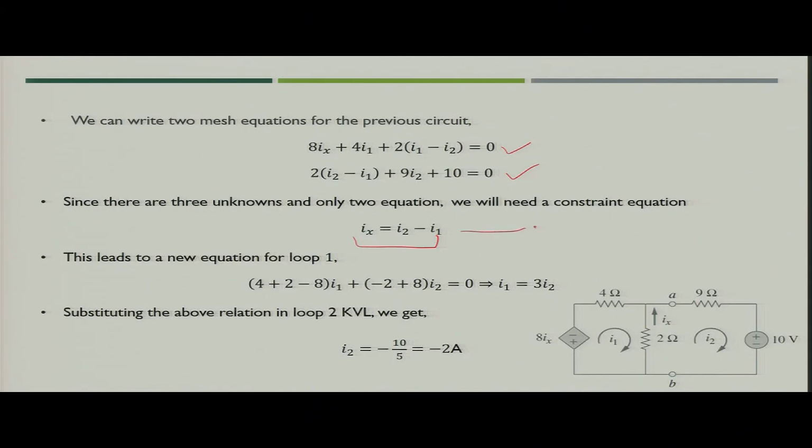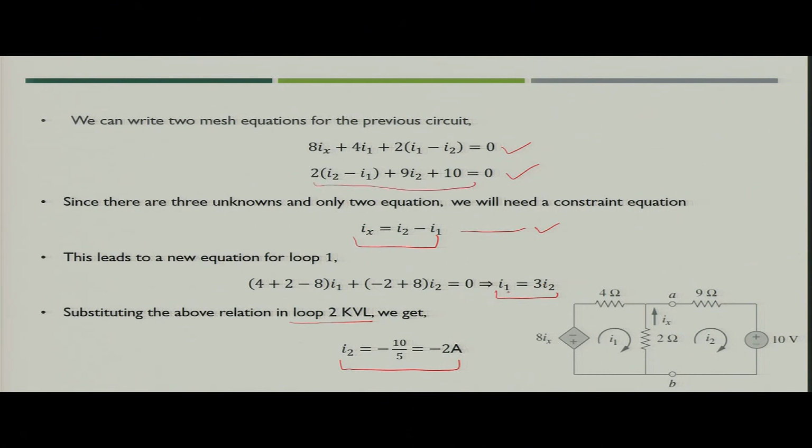Now, if you use these three equations and solve them, you will get I 1 is equal to 3 I 2, and using KVL in loop 2, you will simply get I 2 is nothing but minus 10 divided by 5, because I 1 is nothing but 3 I 2, and you write the loop equation for mesh 2.